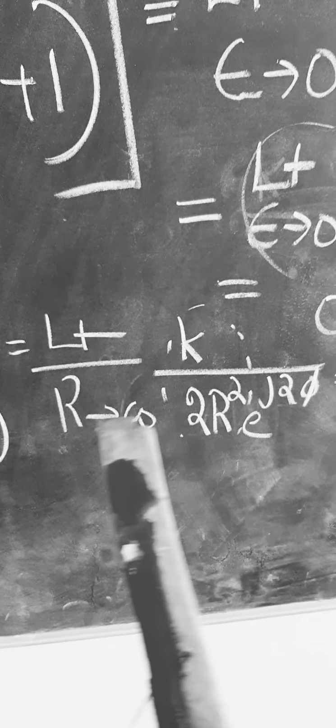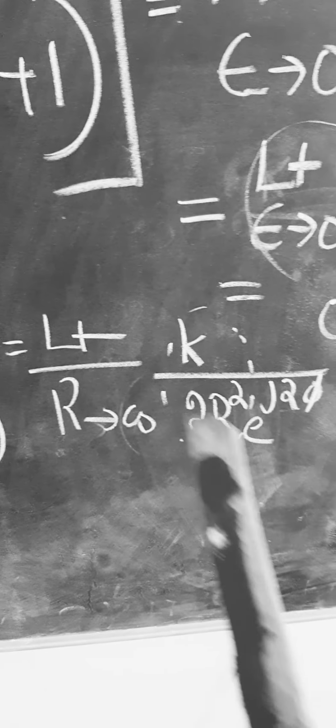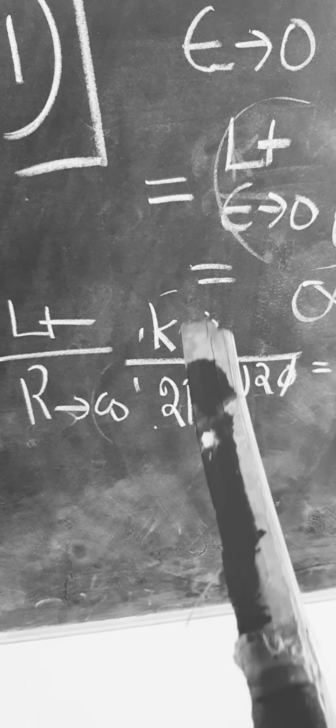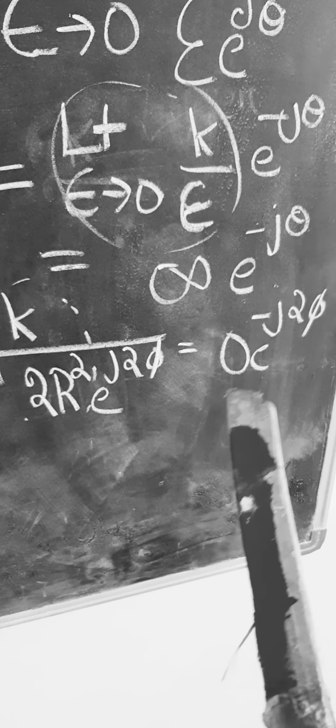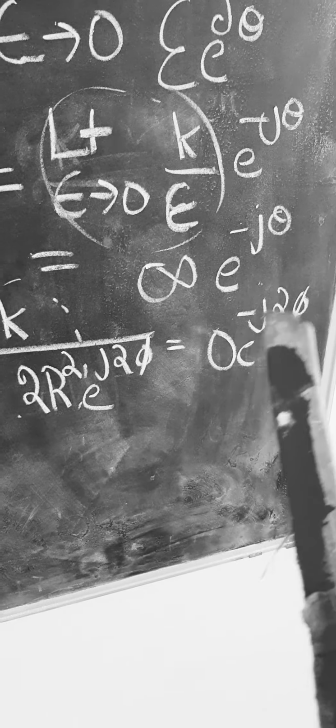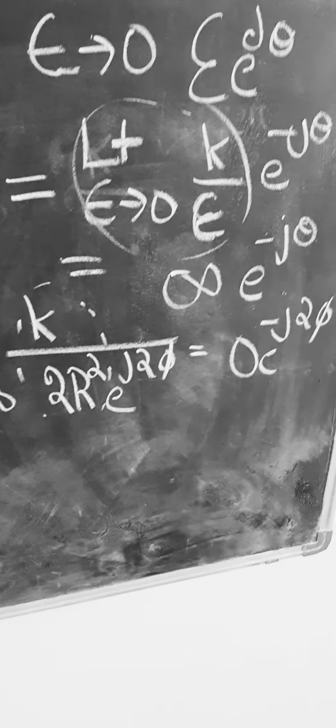And k divided by 2R square with R tending to infinity is k divided by infinity. Some term divided by infinity definitely becomes 0. So effectively it becomes 0 into e to the power of minus j 2 phi. So try to understand how we are doing. This is not very difficult, very easy to understand.